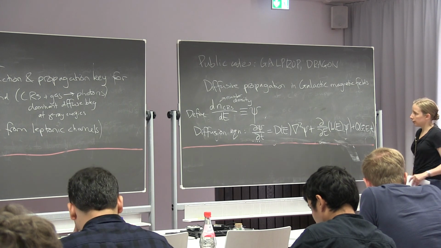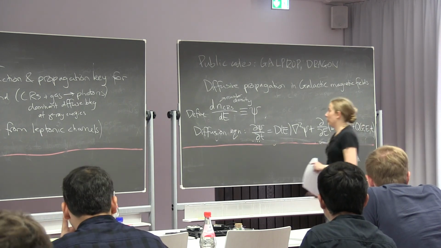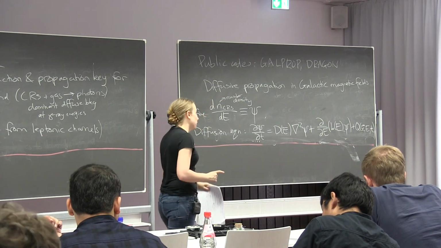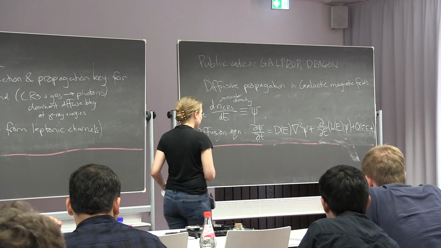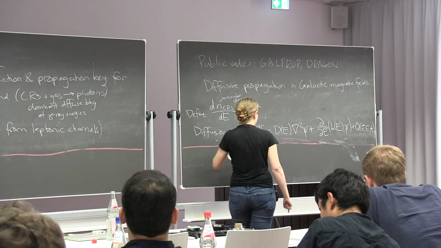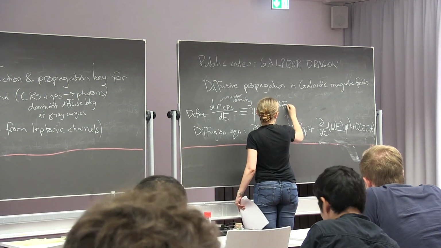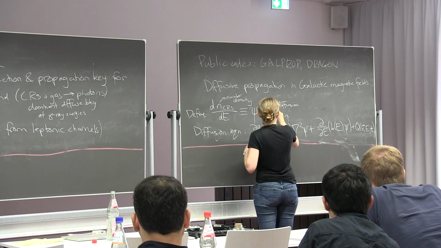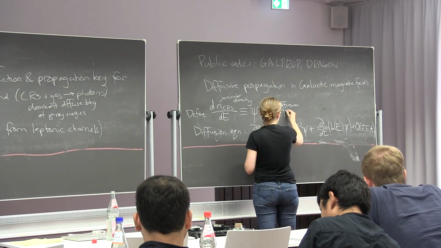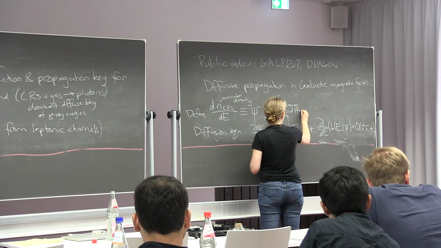Okay. So this is not back of the envelope, by the way. This is the actual equation that these codes attempt to solve. Will become back of the envelope very shortly. So this term describes diffusion, where D of E is this energy-dependent diffusion coefficient.